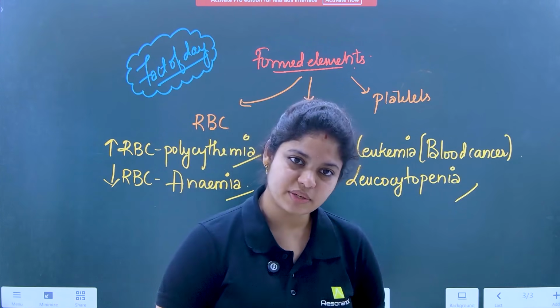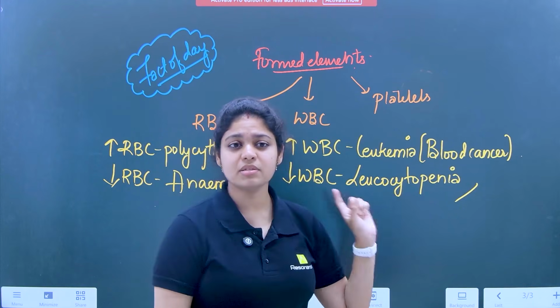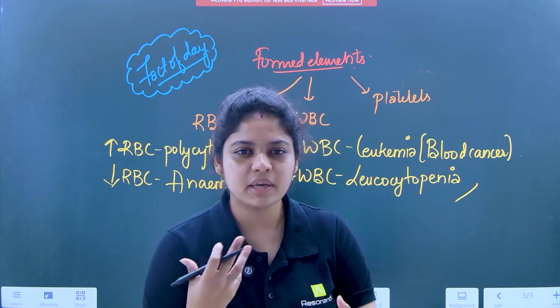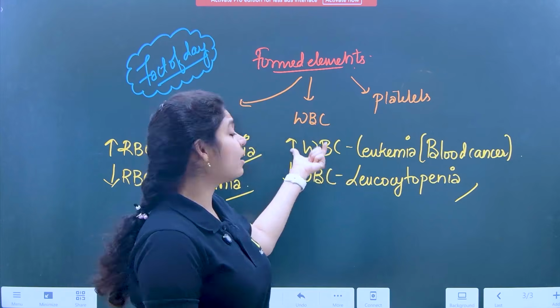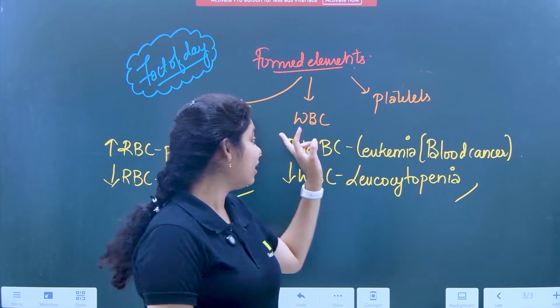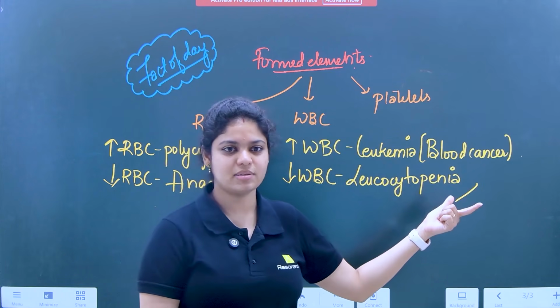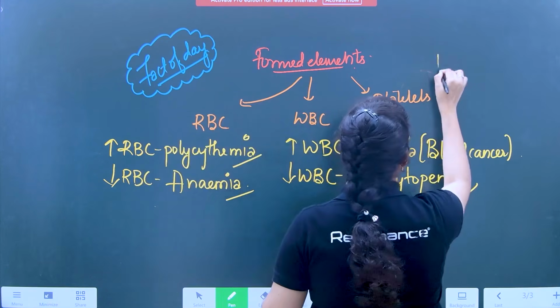Leukocytopenia or leukocytosis it is called. When there is decrease in the WBCs, your body cannot fight against any type of disease causing microorganisms. But when there is increase also, it is not good. It should be 6,000 to 8,000 only. If it is abnormally increasing, it is causing blood cancer. Understood?